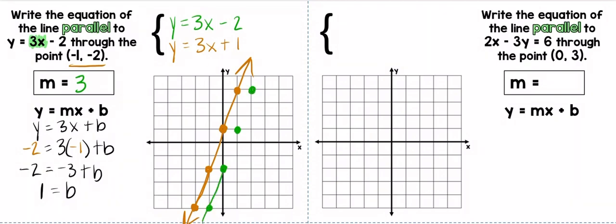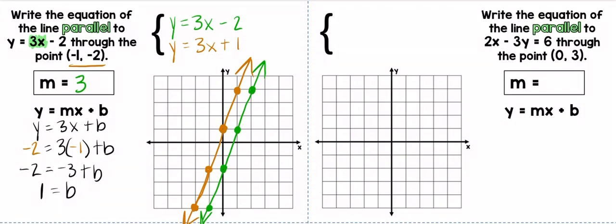And I'm going to draw my line. And if you notice, they're really close to each other, but they are never going to touch, because they have the same slope, so they're never going to intersect. They're parallel.